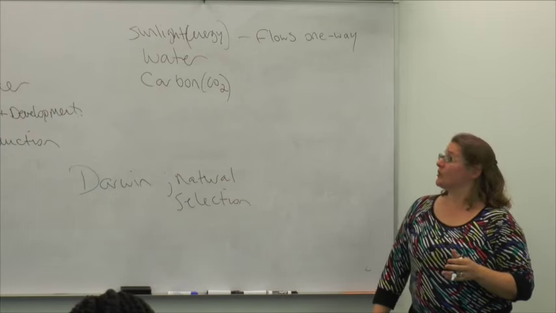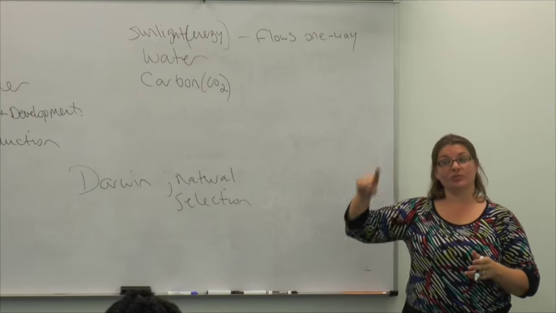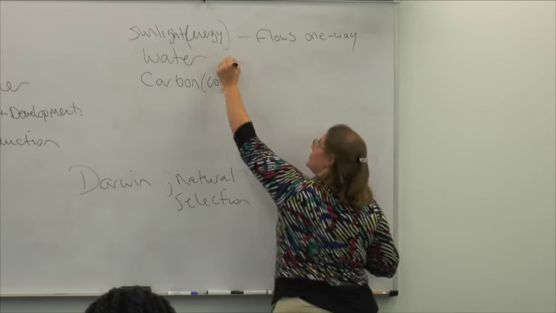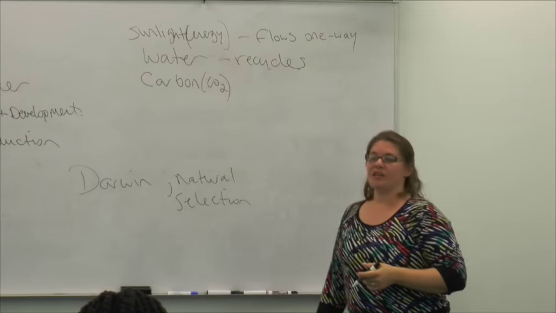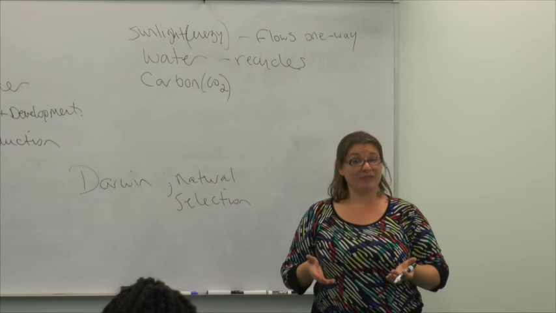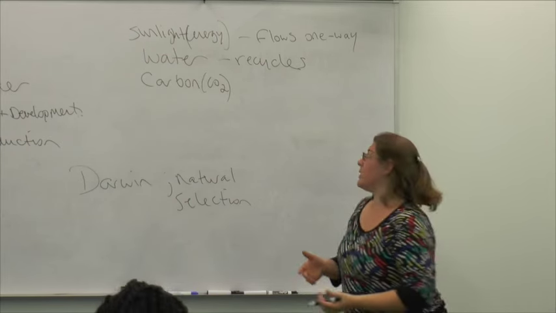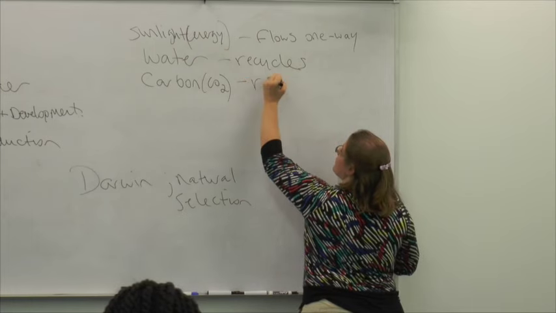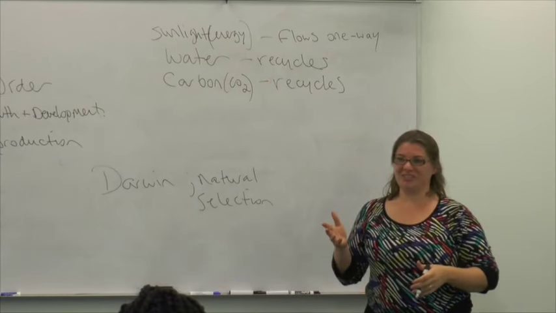What about water? Does water flow one way, or does it get recycled? It gets recycled. And what do you think about carbon and the other chemical nutrients? Do they flow one way, or do they recycle? They recycle, okay? And I know, guys, those of you who are in my environmental science class, these are really easy questions for you.